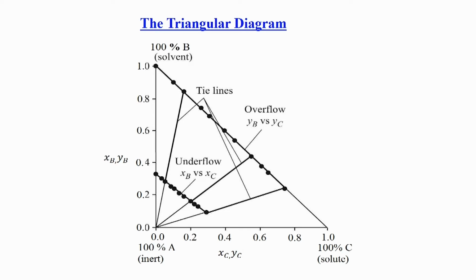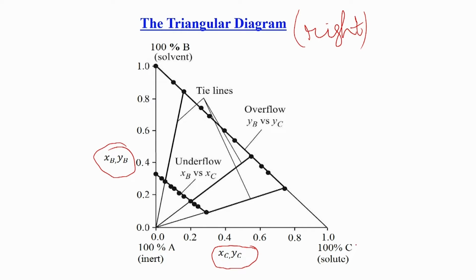So, the first set of diagrams is the triangular diagram, the right triangular diagram; the equilateral triangular diagram can also be used. Here the target solute is placed on the x axis and the solvent on the y axis, which is to some extent inverted compared to liquid-liquid extraction.